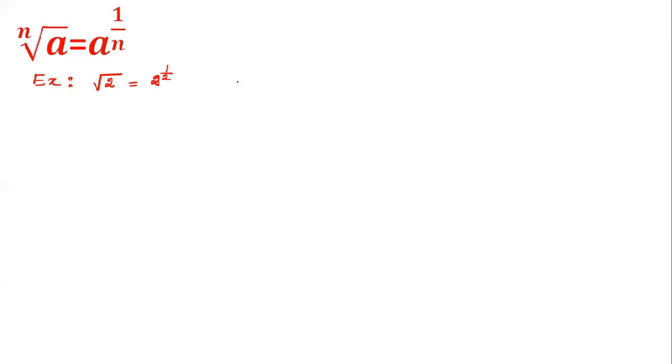Square root of 3. 3 radicand power 1 by order. Order is 2. Square root of 5. 5 to the power 1 by order. What is the order? 2. Square root of 7. 7 to the power 1 by, what is the order? Order is 2.